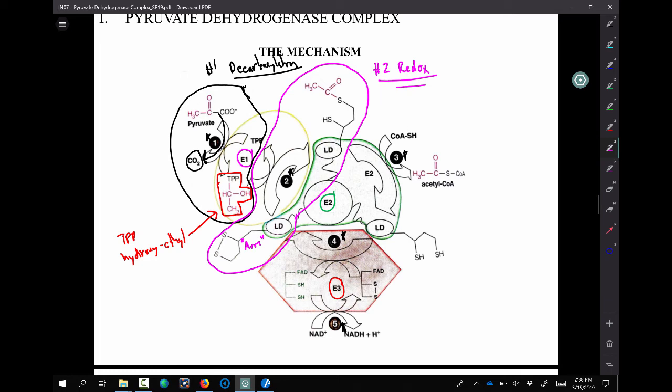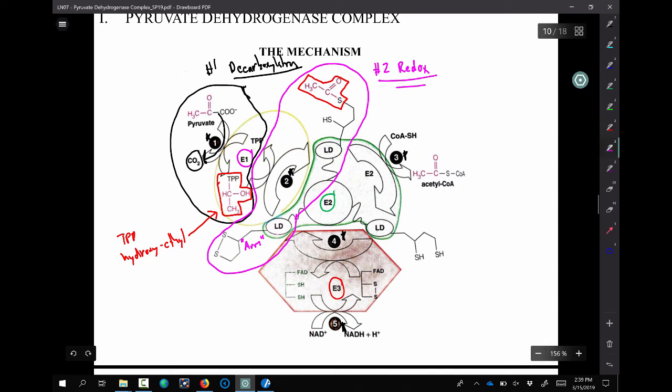The arm is extending out of E2, extends into E1's active site, and it is going to be part of this redox reaction in which these carbons from the hydroxyethyl are going to be transferred to the arm, and you'll see here this guy right here. The bond angle on that looks a little fishy, but nonetheless it's going to attach the acetyl group to that arm.